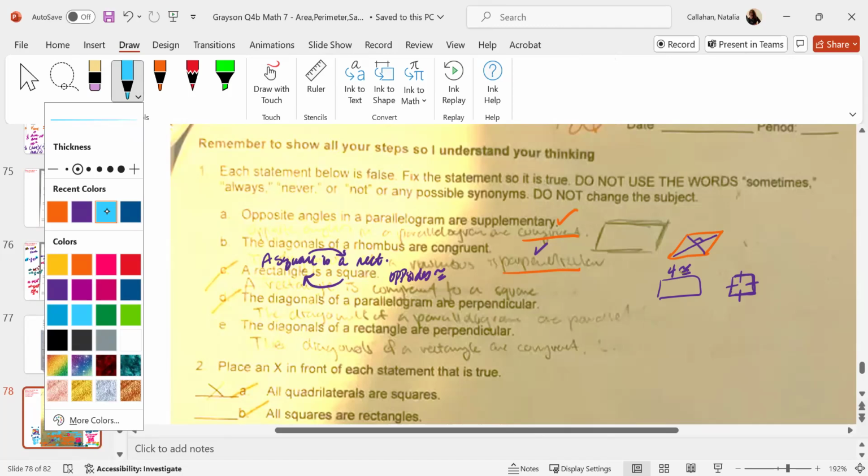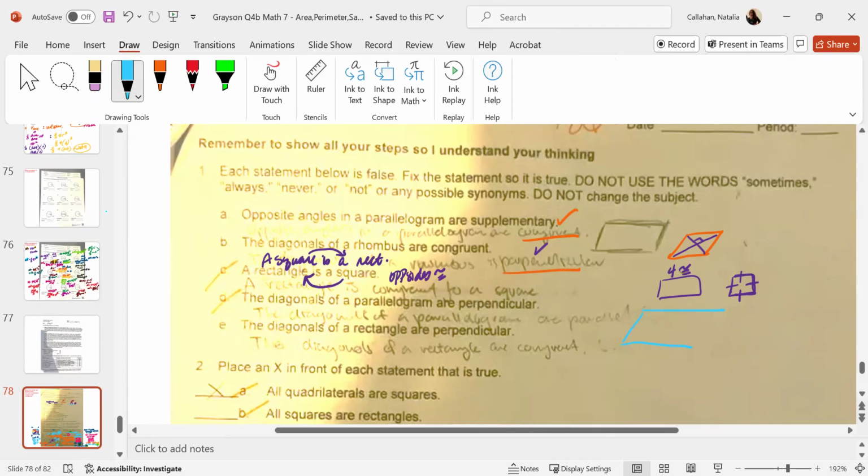The diagonals of a parallelogram are perpendicular. So let's draw this. So draw the diagonals. Well, clearly they're not because I can definitely see that this right here is obtuse, right?